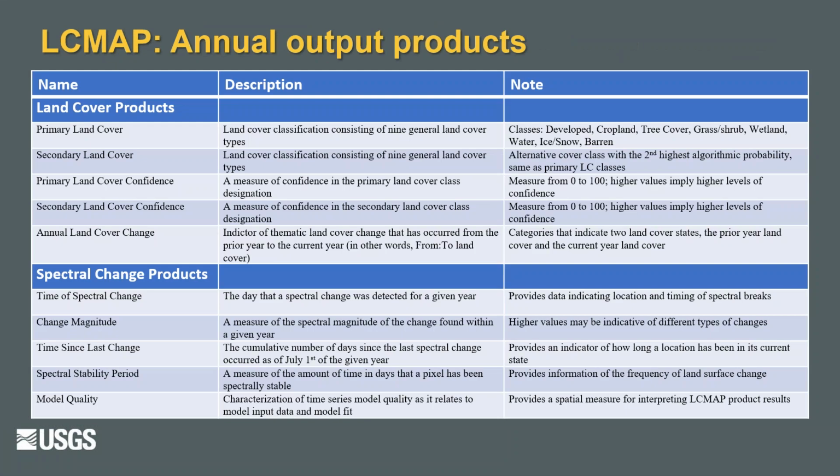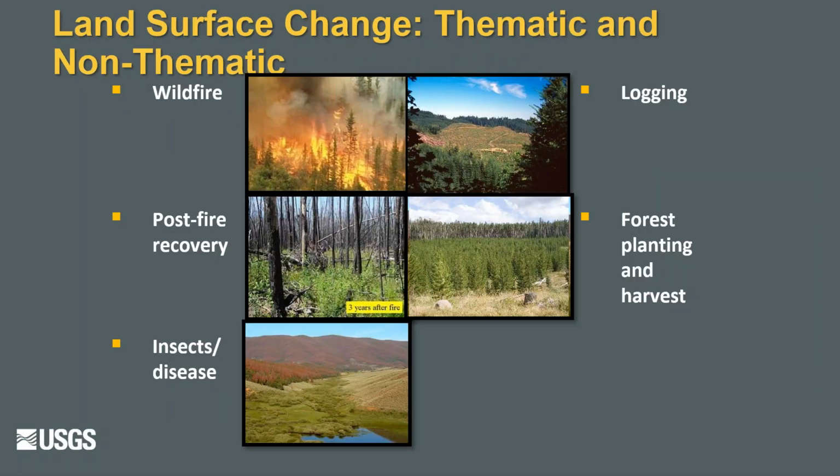So this is just another look at that series of products and the descriptions. Sorry, I didn't put the reference here, but we just had a paper published. It's in press right now in Remote Sensing of Environment on the lessons learned in implementing LCMap. So that's also available for people to read.